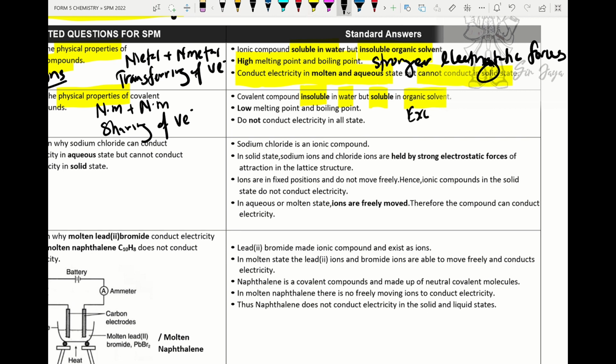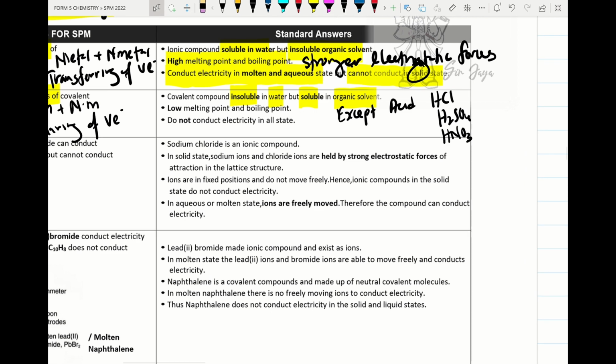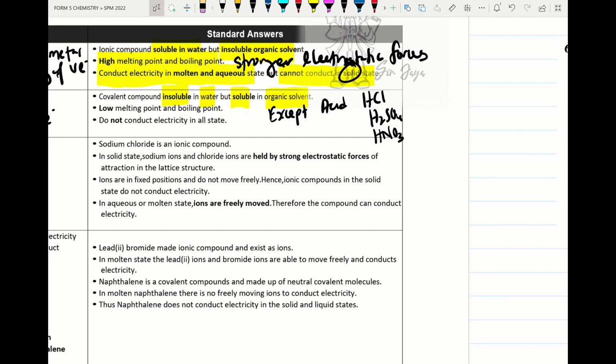The exception, please remember, is acid made up of hydrochloric acid, sulfuric acid, nitric acid. These acids can dissolve in water and also in organic solvent. When they dissolve in water, they ionize to produce hydrogen ion. And one more, please remember, ammonia. Ammonia, NH3, can dissolve in water to produce hydroxide ion.